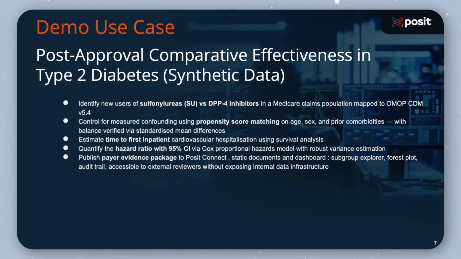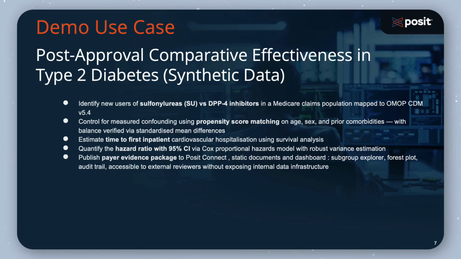In our demo, we focused on a hypothetical study built on a synthetic dataset, where we are looking at post-approval comparative effectiveness in type 2 diabetes. We want to identify new users of SU and compare them with DPP4 inhibitor users within a synthetic Medicare claims population, and the data is already mapped to the OMOP common data model.